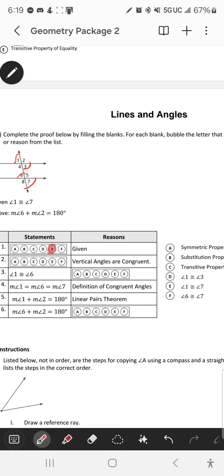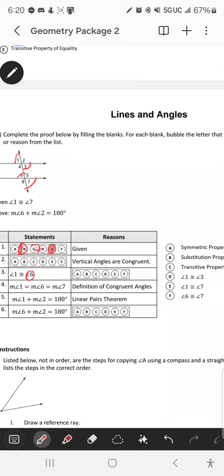They are both vertical angles basically. First we have 1 and 7, and here we have a 6 and a 1.